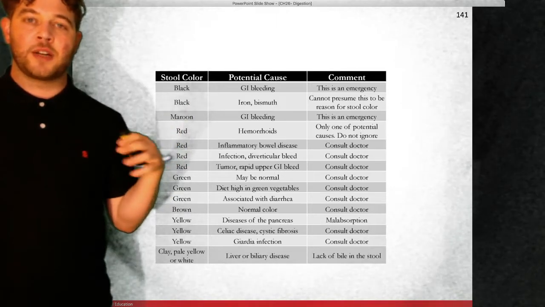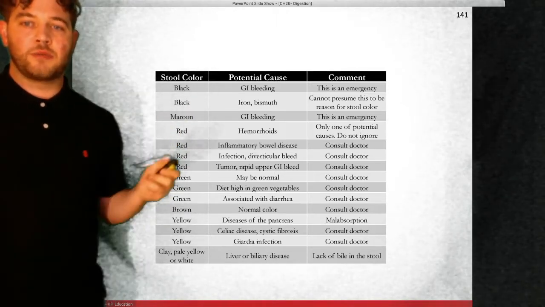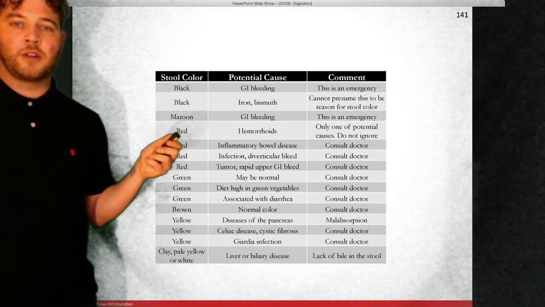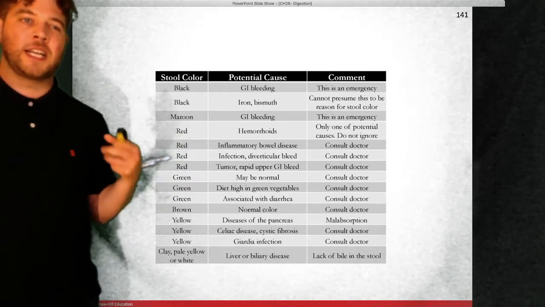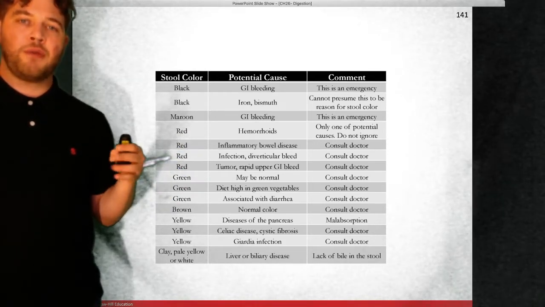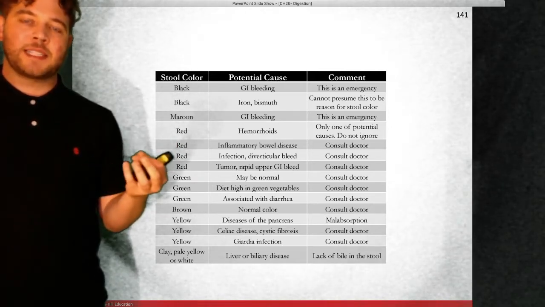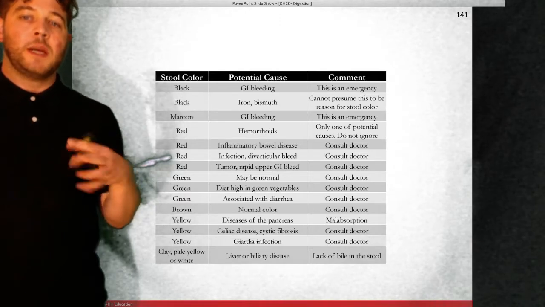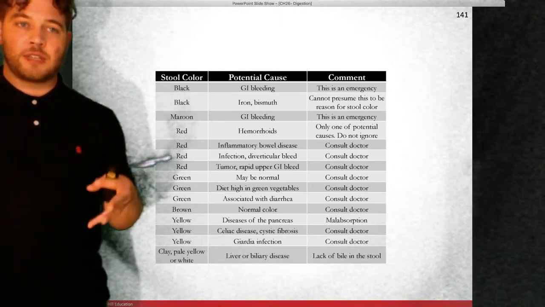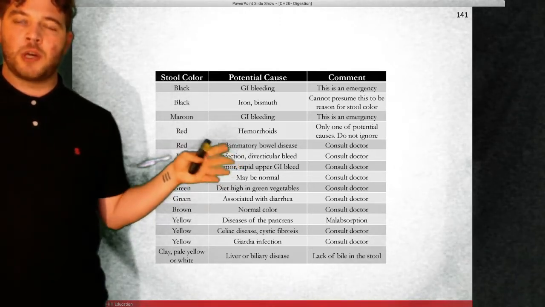A lot of times people think, oh, there's red. There are lots of things that typically indicate blood. If you're looking at your stool and you can see that it's bright red, that means the blood hasn't had time to coagulate, so potentially whatever is happening is somewhere lower in your GI tract.